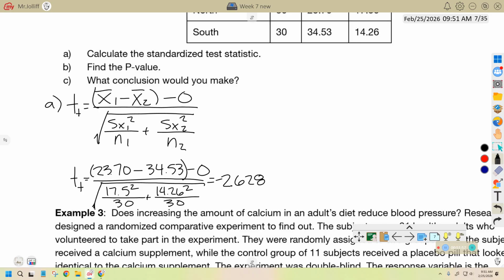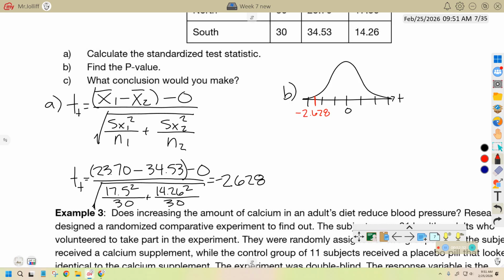And then I'm going to calculate a p-value. And I don't have to really do anything here, but I am going to draw my picture. Because this is what counts for showing work when I'm doing a significance test. I don't have to show how I found the p-value, but I need to draw the picture to interpret it. So I'm going to mark my test statistic. It's a little past negative 2.5. It's sitting right here. This was a different than test. What does that do to my picture? Good.